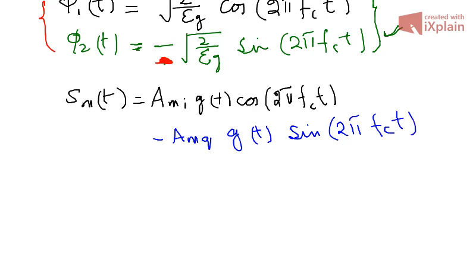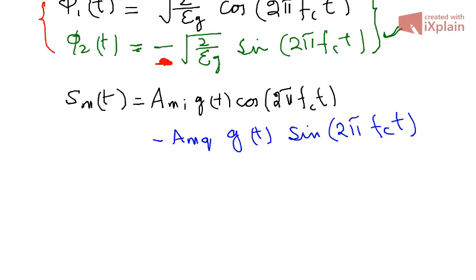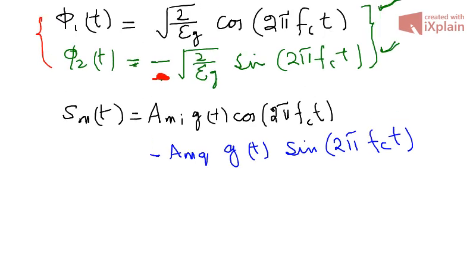We derived this expression. Now we want to write this as a linear combination of phi1 and phi2.